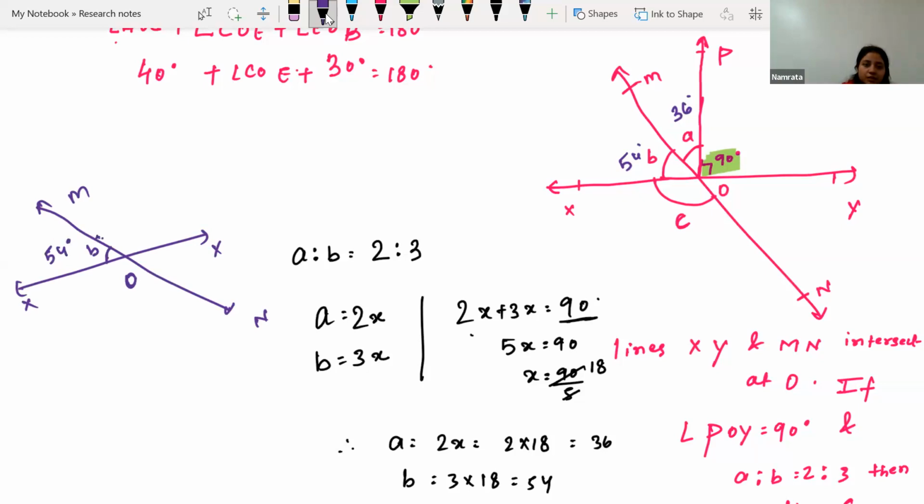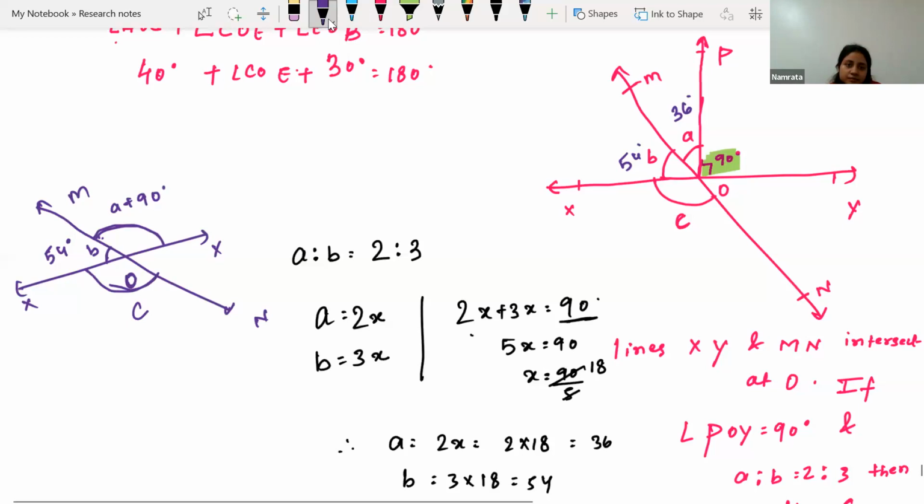We are having everything. A also and 90 also. So is it possible to find C now? Is it possible?